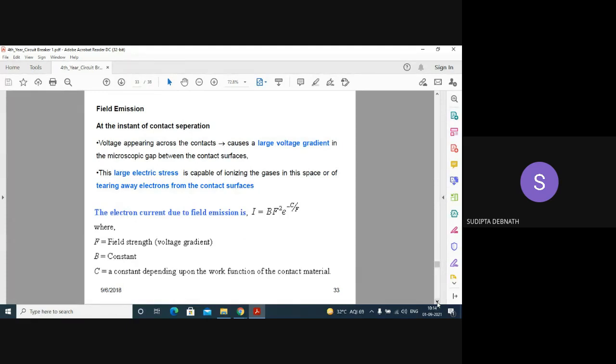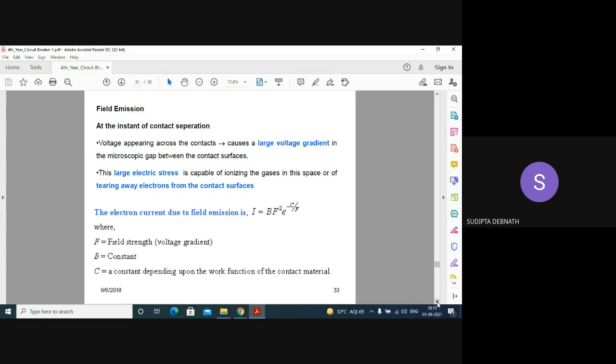Now, as the moving contact separates from the fixed contact, the length of that gap increases and gradually the voltage gradient decreases. But at the instant of contact separation, the voltage gradient is very high. This large electric stress due to high voltage gradient is capable of ionizing the gases in this space or of tearing away electrons from the contact surfaces.